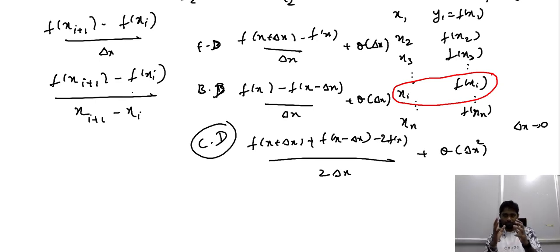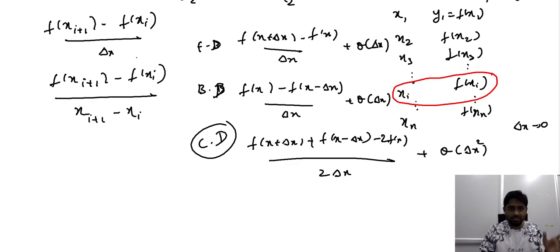So the first key point is that we can use these approximation techniques to find the derivative of not only a function but also a data set that involves input and output variables. It is not necessary that the spacing between the input variables be identical. Even if they are not identical, we can directly use the input variables themselves in the denominator, and we will be able to find the derivative using the forward difference scheme.